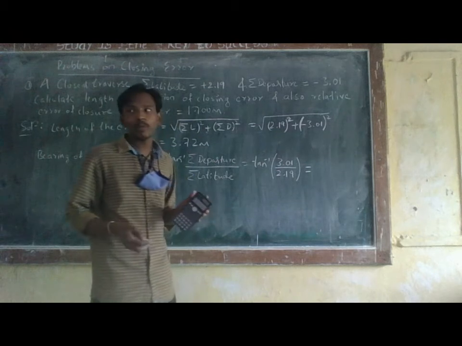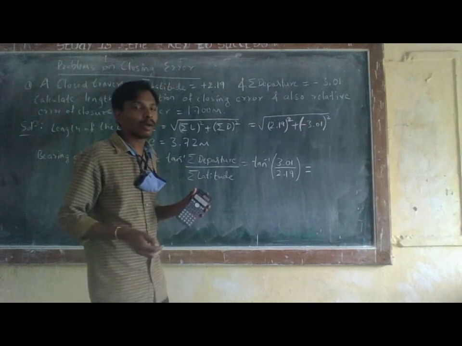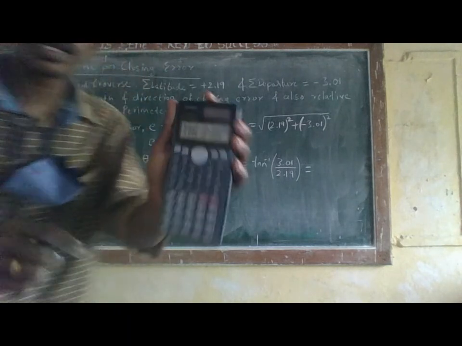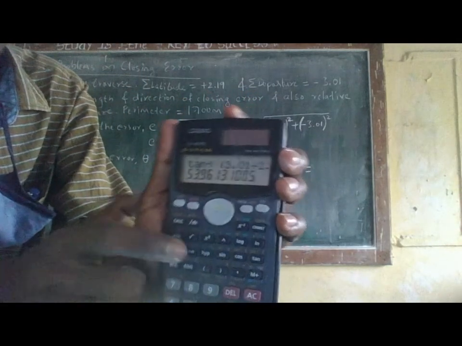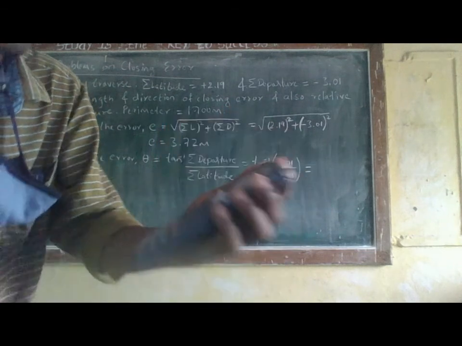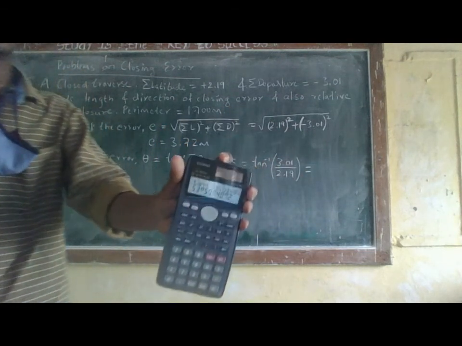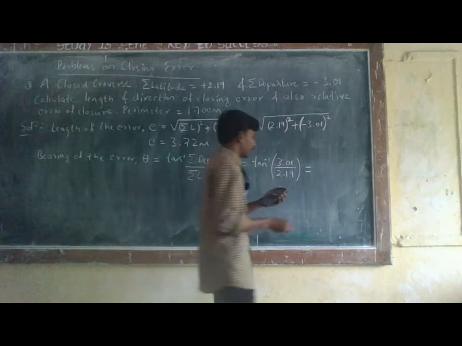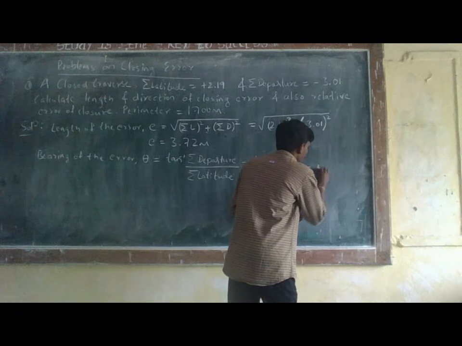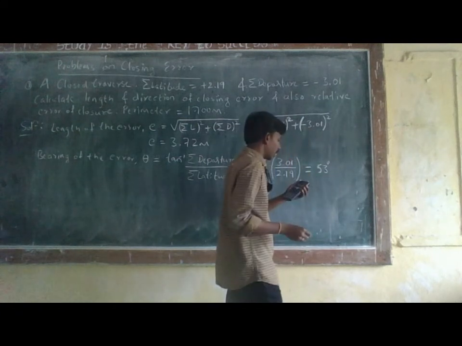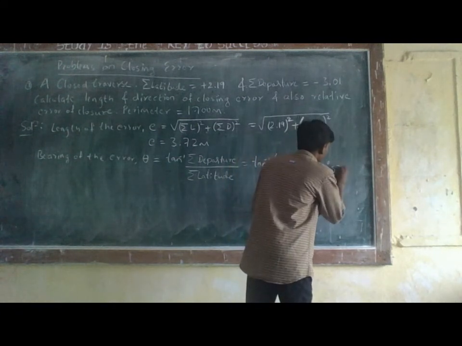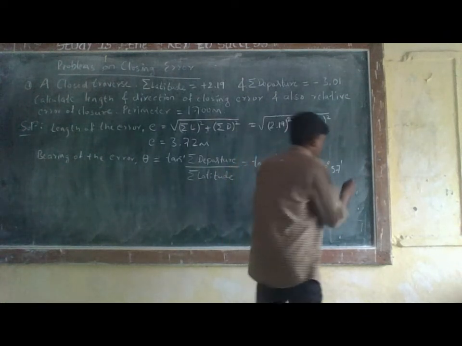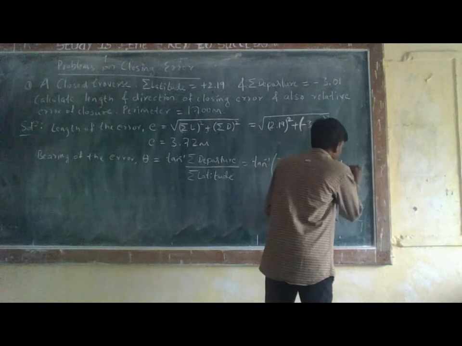That value is in radians, so you have to convert it into degrees. Click the degree button, and you will get the value in degrees. So the value is 53 degrees 57 minutes and 40.72 seconds. You can take that as 41 seconds.